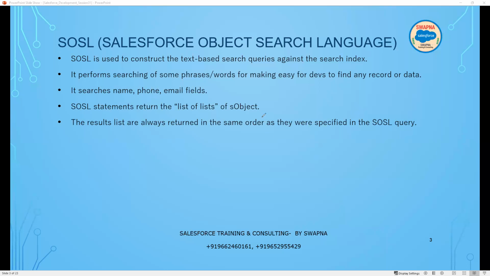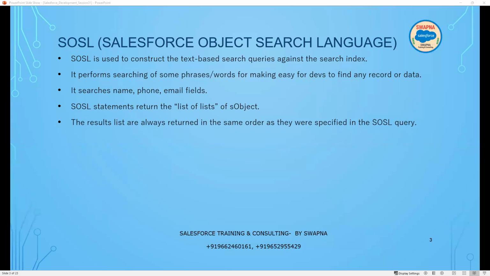For example, I wanted to search a text from the account table, a text from the contact table, a text from the lead table. Now, you will specify these object names in the SOSL. Whatever the order you have mentioned, the same order the search query is going to return.